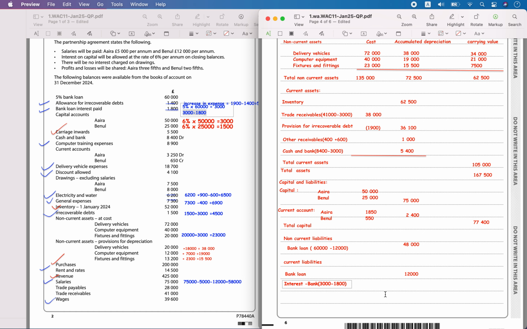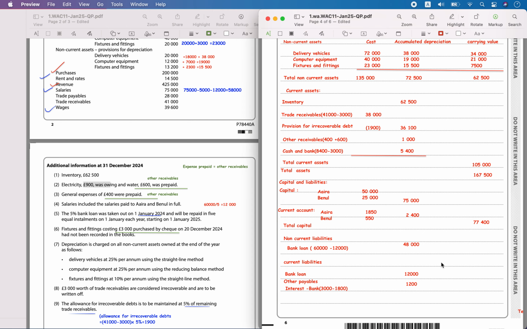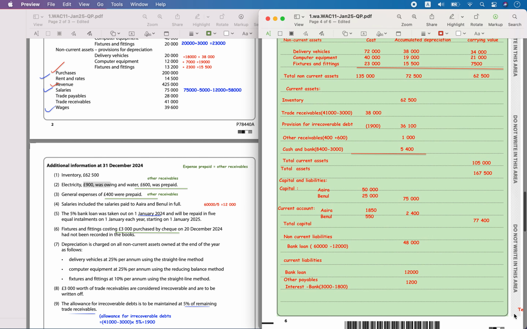So the 1200 bank loan interest would have become other payables. Owed expense becomes other payables. So one was the bank loan interest, 1200, and we had one more owed expense of 900, electricity.